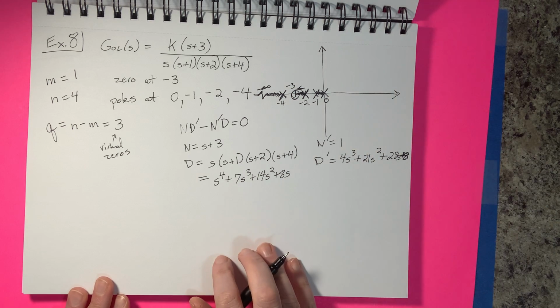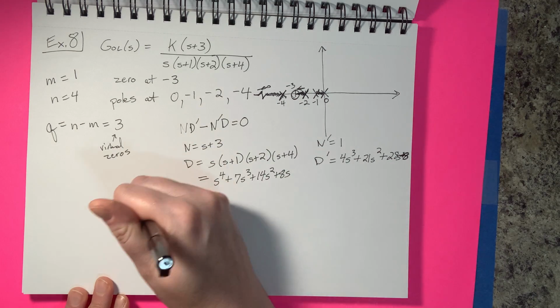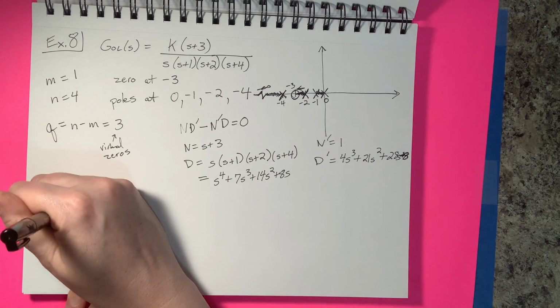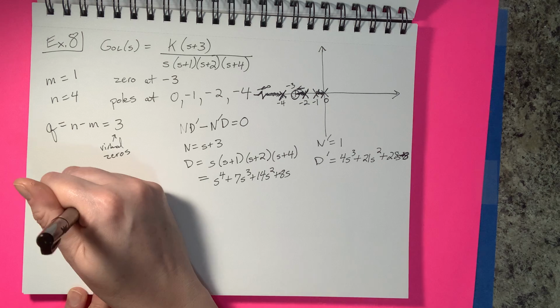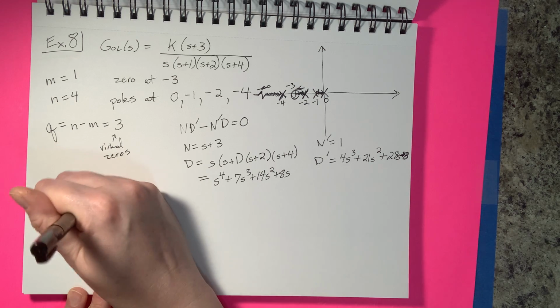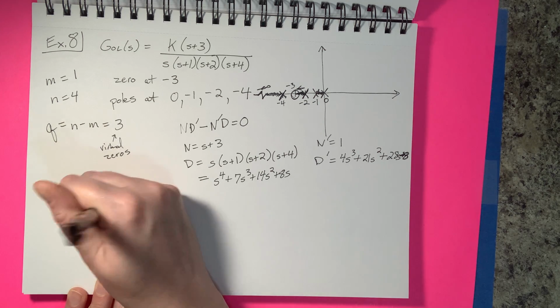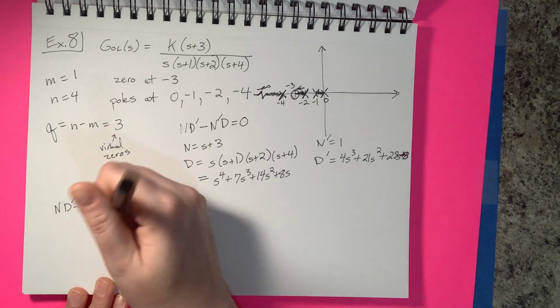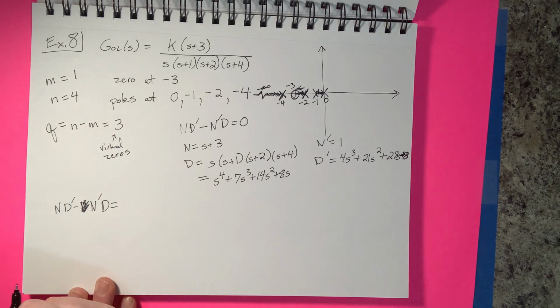All right, so let's plug that into the formula. So I'm going to write out n d derivative minus, or I'm sorry, n derivative, goodness. It's very easy to make a mistake, but it's much better when you catch it immediately.